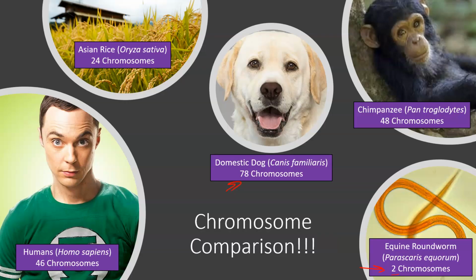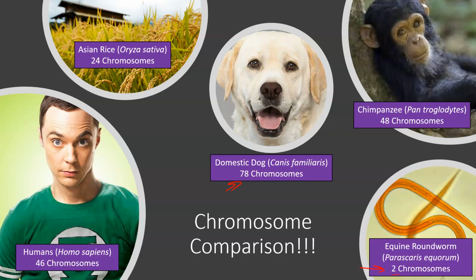The answer really is there isn't much correlation between organism size and number of chromosomes. There really isn't a correlation between the complexity of organism and the number of chromosomes. There isn't an indication of ecological success and the number of chromosomes.